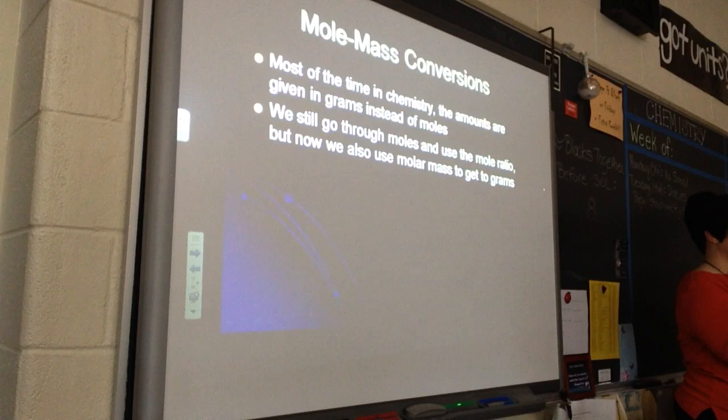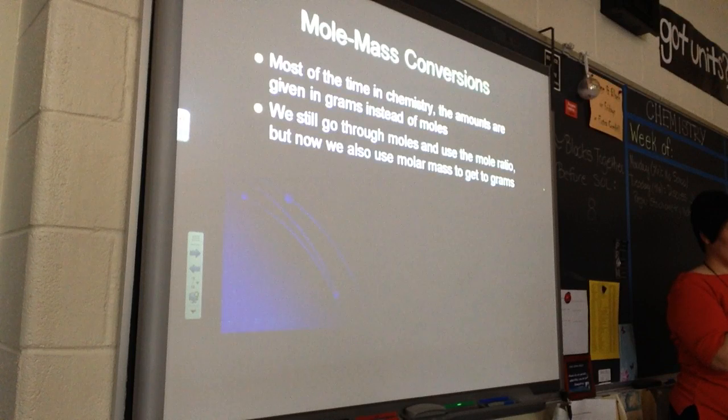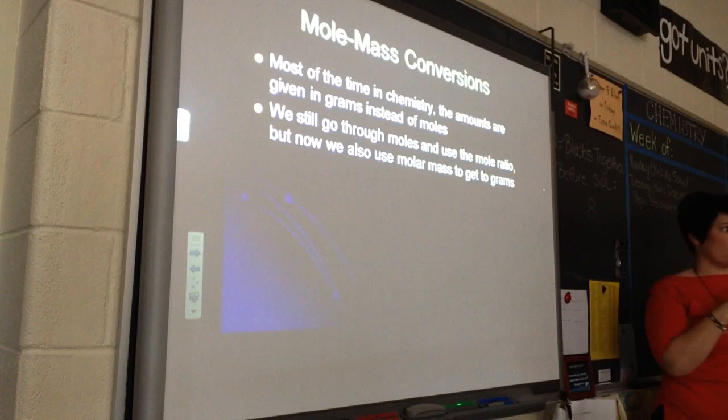Stoichiometry in some respects is like the pinnacle. It's the bringing together of all of the parts. Stoichiometry does not include the structure of the atom, protons, neutrons, electrons, electron configuration, so it's not all encompassing. But in terms of the math of chemistry, it pretty much covers all of it.